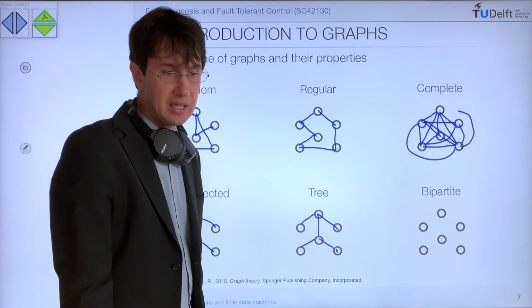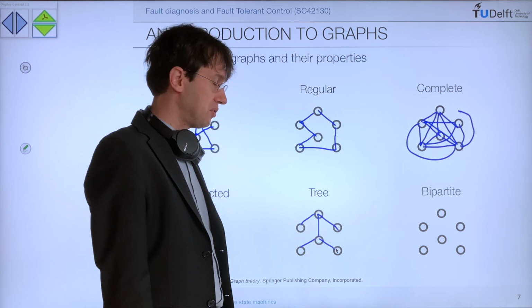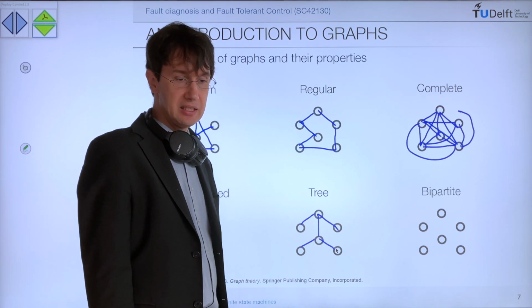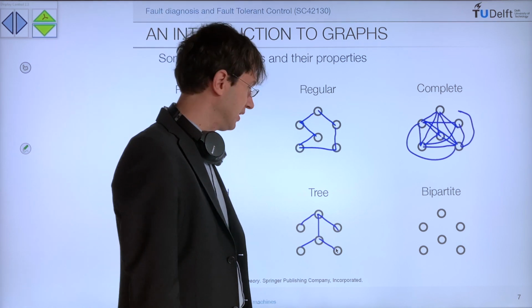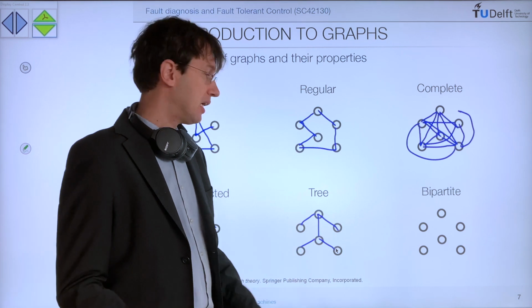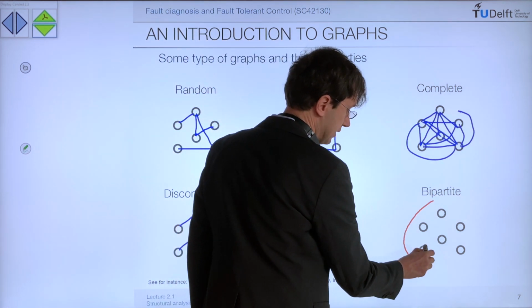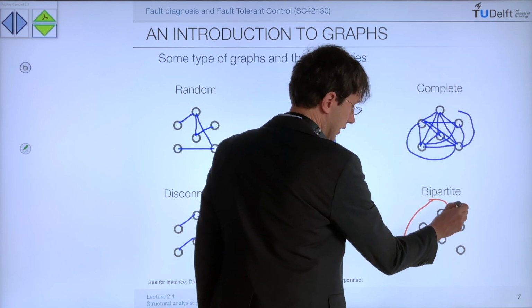And then another example of structure that we're going to use later is the bipartite graph. So the bipartite graph is a graph where the nodes are divided into 2 sets. Let's say these and these.